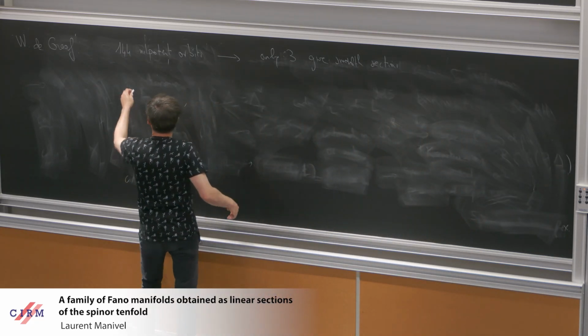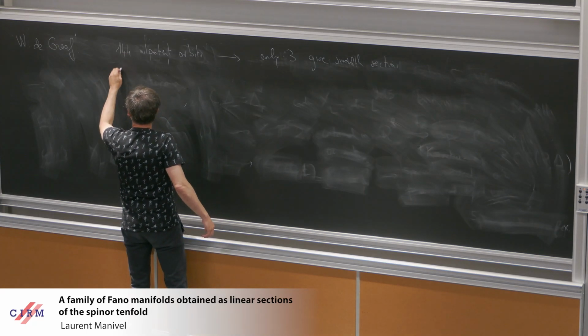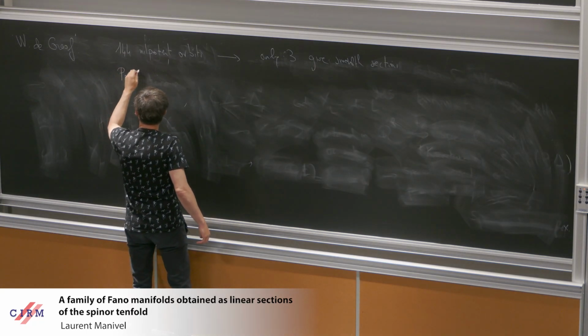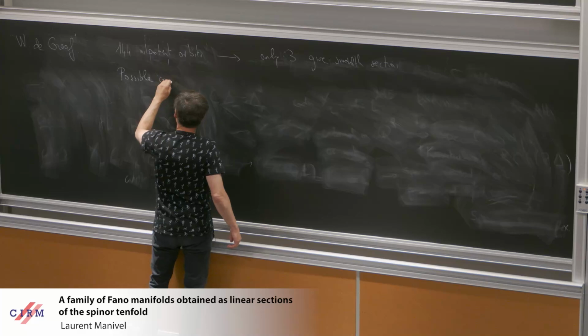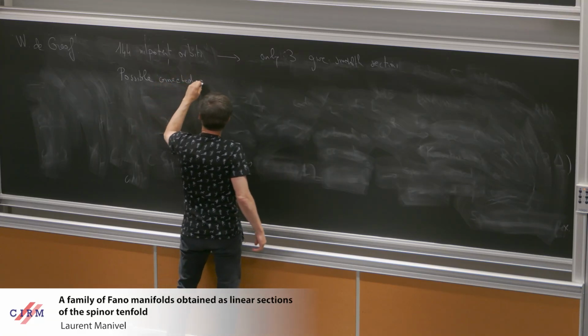So time is flying, so what can I tell you then? For example, we can give a list of possible connected automorphism groups.